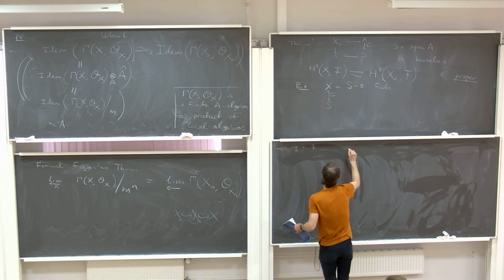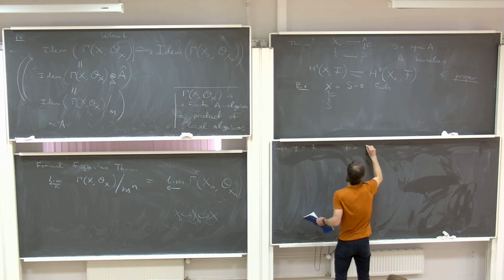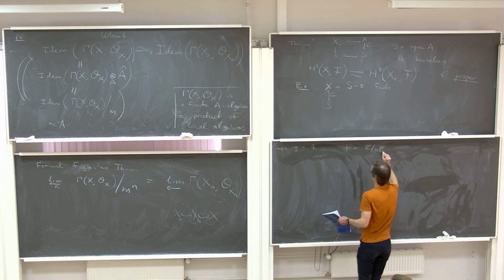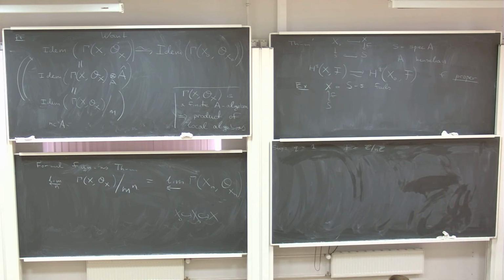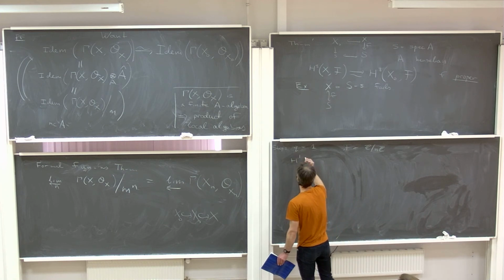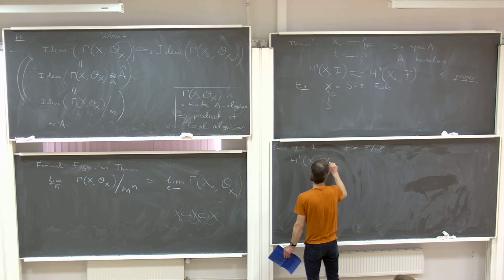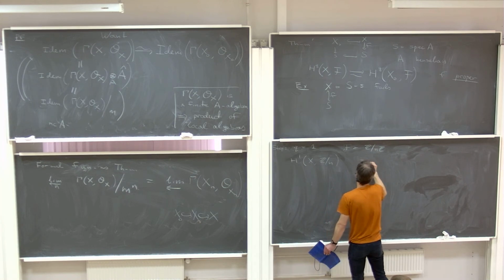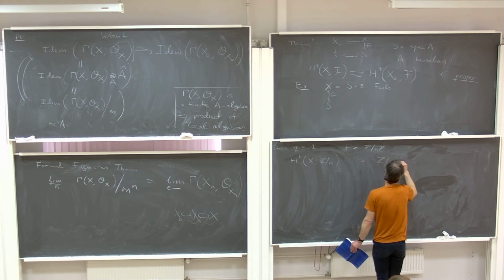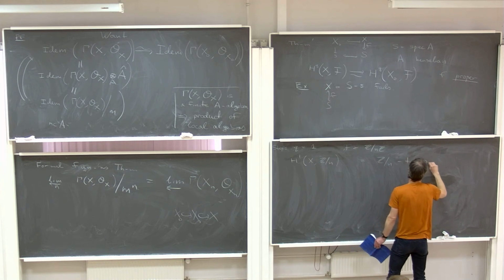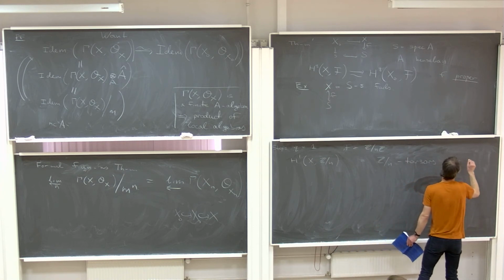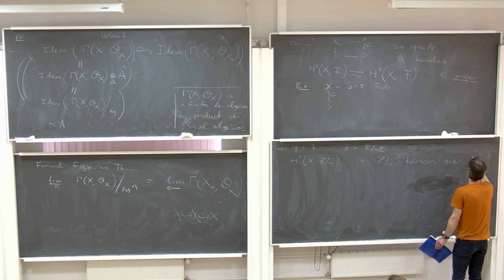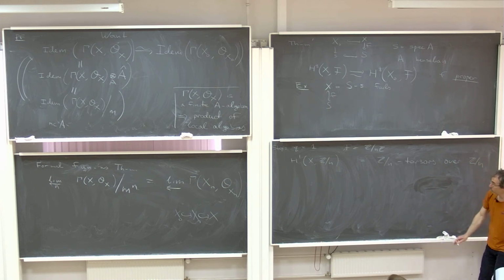Still q equal 1, and F is Z mod n Z. Then H1 of X with coefficients in Z mod n Z classifies Z mod n Z torsors over X. So these are finite étale covers over X with an action of Z mod n Z that make it a torsor.